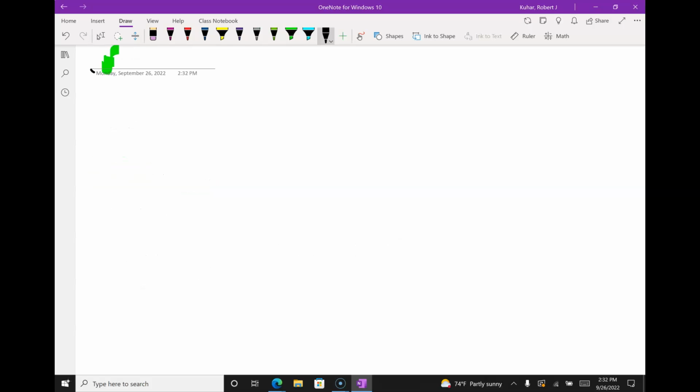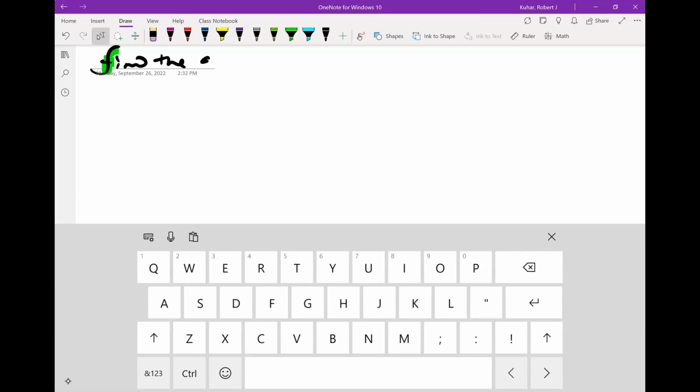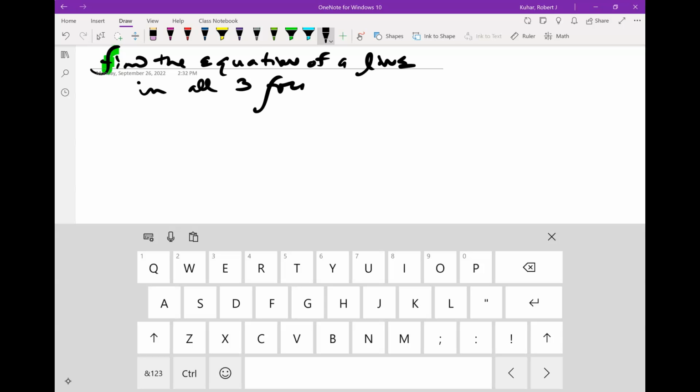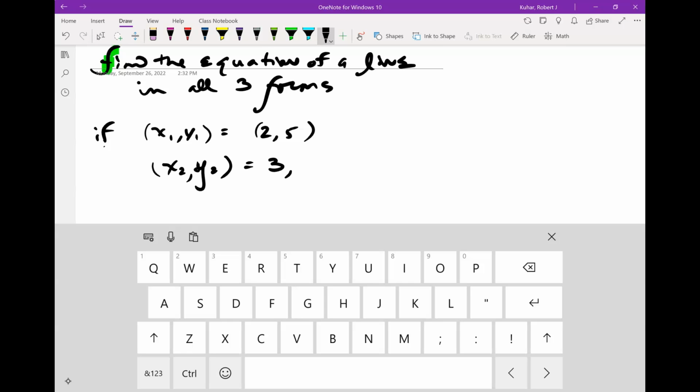So find the equation of a line, in all three forms, if x1, y1 equals 2, 5, and x2, y2 equals 3, 4. I'm just making the points up. Any 2 points will get me a line.